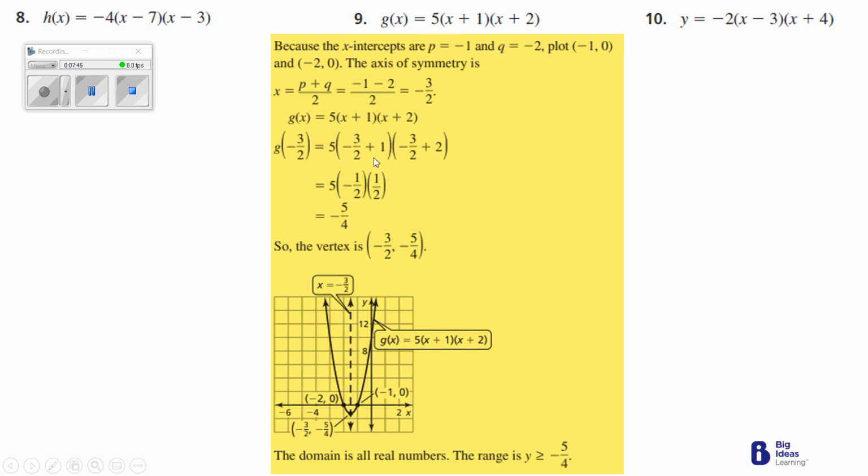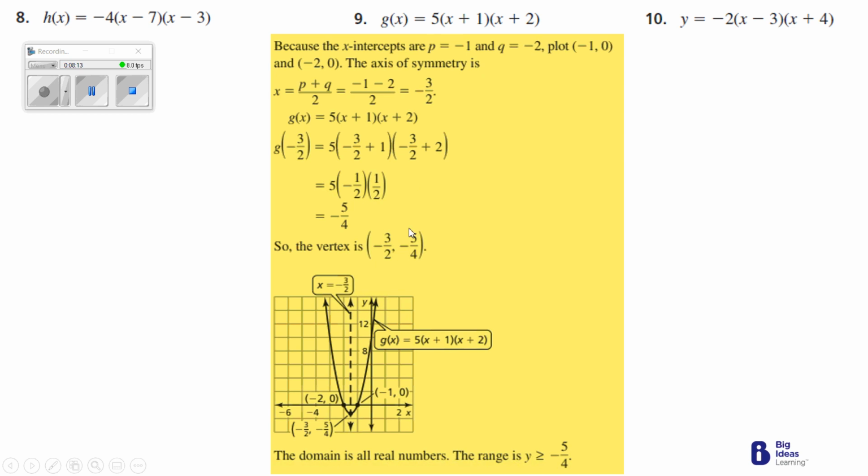Negative 3 over 2 plus 1 is negative 1/2. Negative 3 over 2 plus 2 is 1/2. Negative 1/2 times 1/2 times 5 is negative 5 over 4. That makes sense because this is going to be negative 1 over 4, and then times 5 will be negative 5 over 4. So now we have a vertex, and we just go ahead and make our graph.